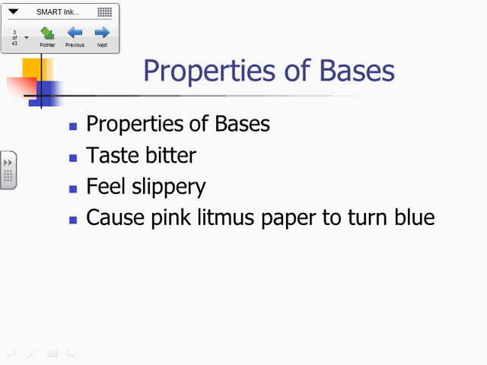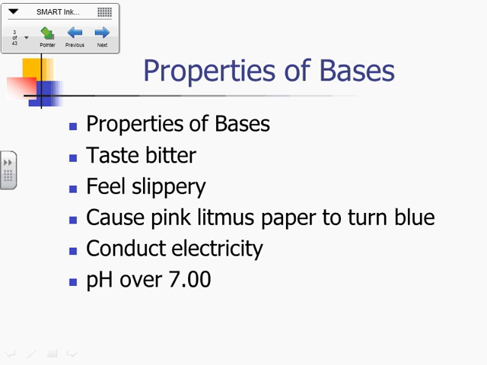Okay, certain indicators turn different colors based on whether they're exposed to an acid or a base. Bases conduct electricity as well. And we'll talk about why in a couple of days. All right? So those are the major properties. Oh, and a pH over 7. I already said that, but there it is. Okay?